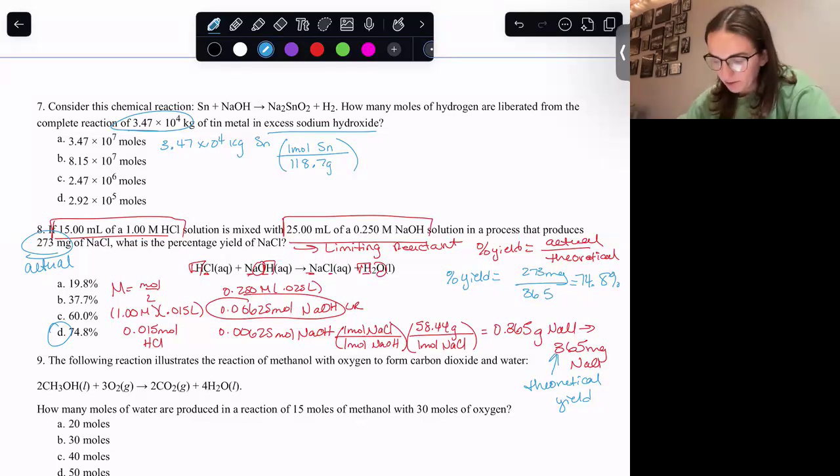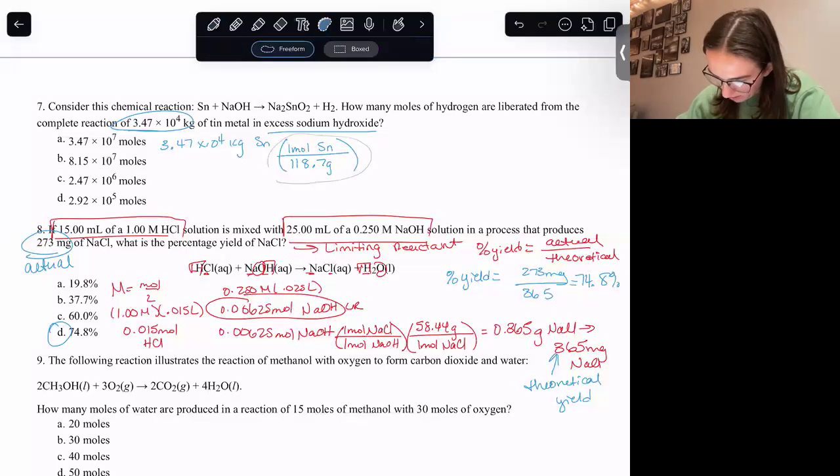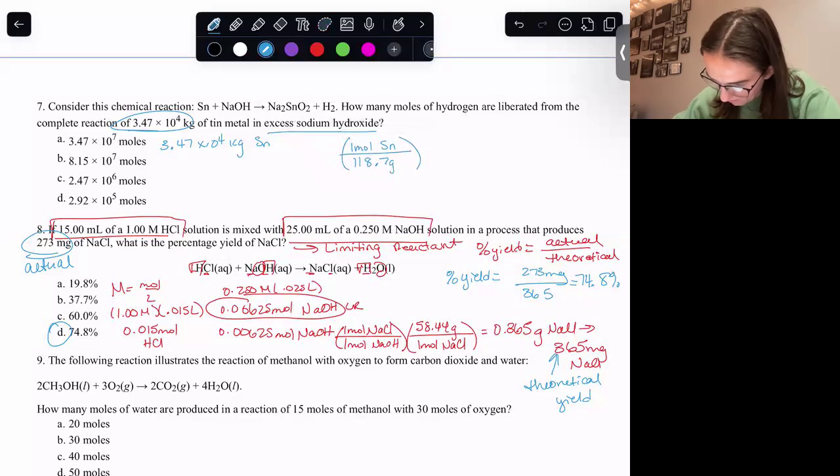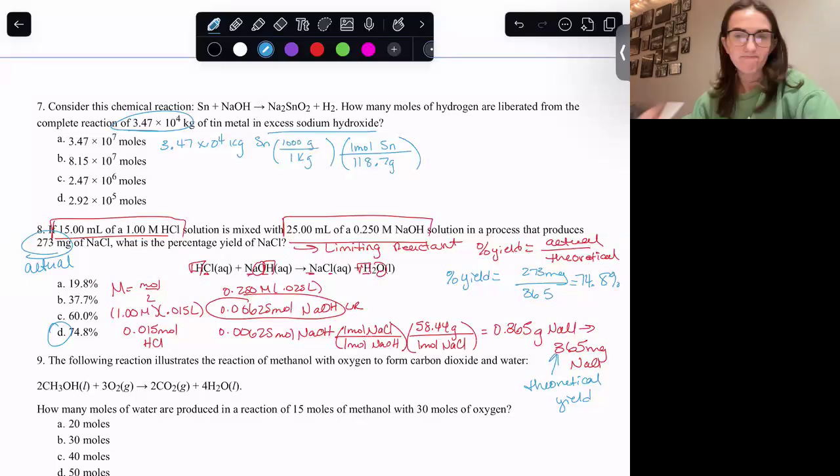What we notice is these are different, so you can just change the kilograms to grams immediately, or you can add a step where 1 kilogram is equal to 1,000 grams. That's fine.